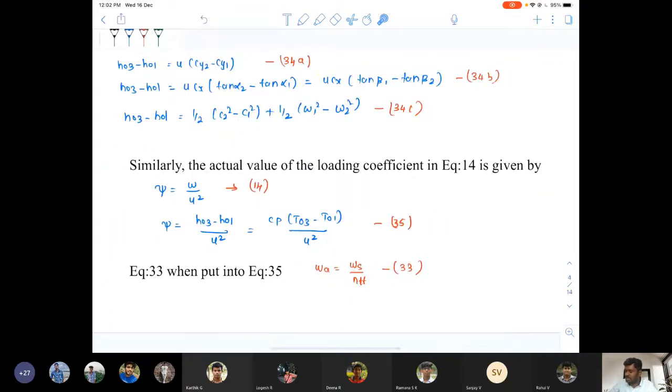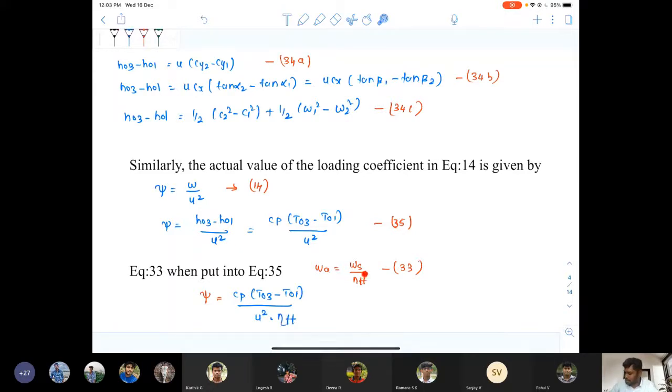When you substitute this in this equation, you will be getting the value of psi is equal to Cp times T03 minus T01 divided by U square into eta TT.